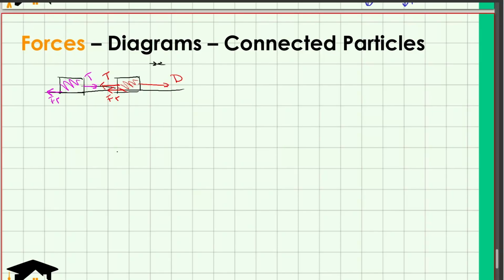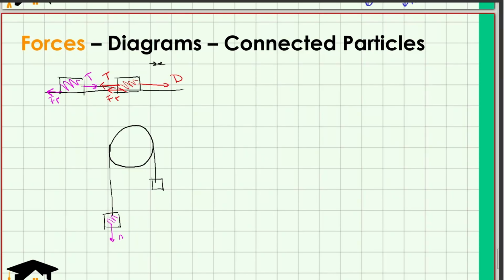Another situation can be like this. So we have two objects connected over a wheel. Let's make the diagram for the first object. It will have its own weight, let's call it m1 times g, and the tension of the cable.